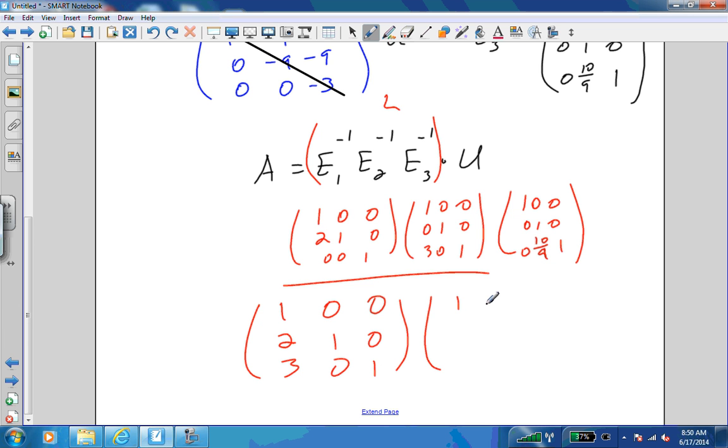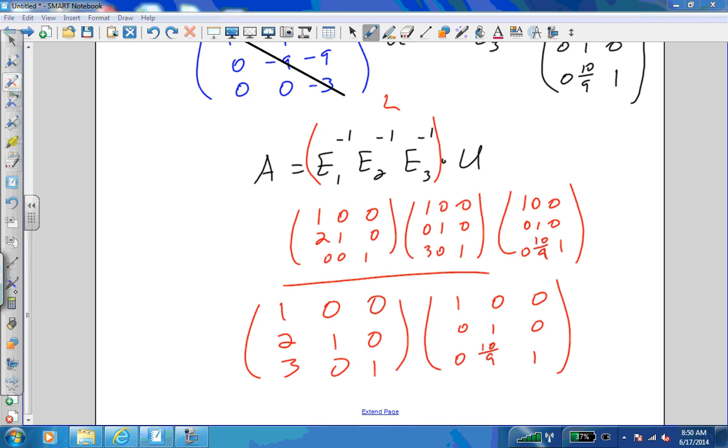Now, to finish our lower, multiply that. Just a quick point: our theorem that I read earlier said if we take lower triangular matrices with ones on the diagonal and multiply them together, we get a lower triangular matrix with ones on the diagonal.